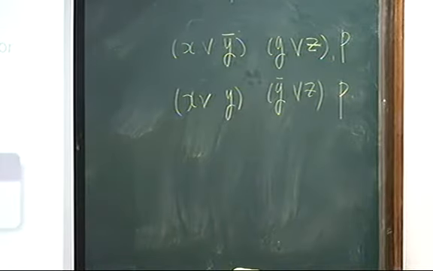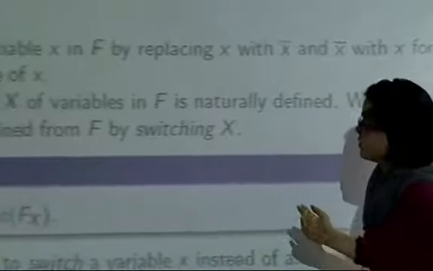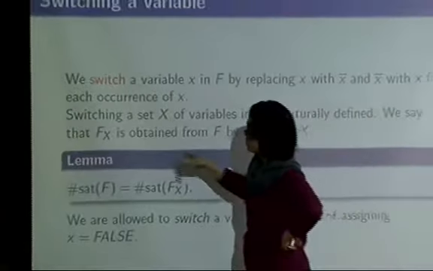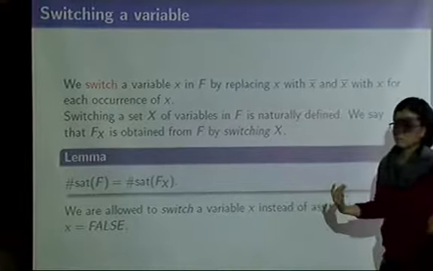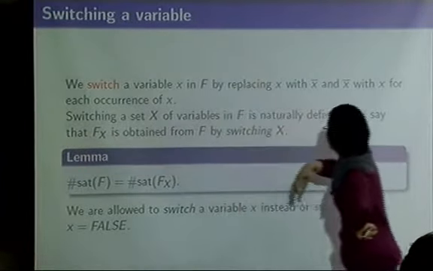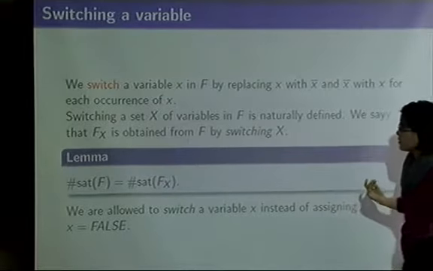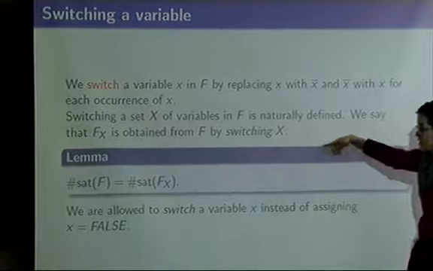So we can define a switch of a variable, and that can be naturally extended into a switching of a set of variables. And we define fx to be a formula that is obtained from f by switching the set of variables in x.